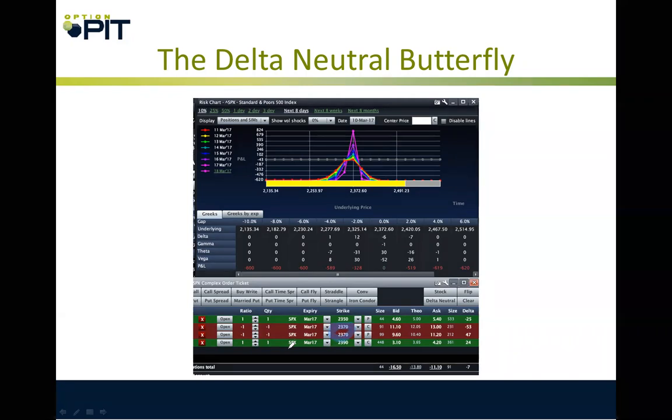What some of you might have missed, as some of you just got in later, is if you're selling a fly, right? What do you want to have happen, by the way? Or if you're trading a butterfly and you sell a couple strikes, what do you want to have happen? You want the underlying to go where? To the short strike.